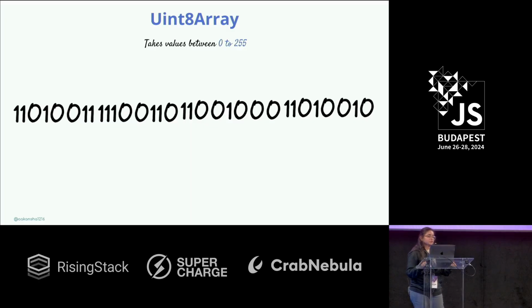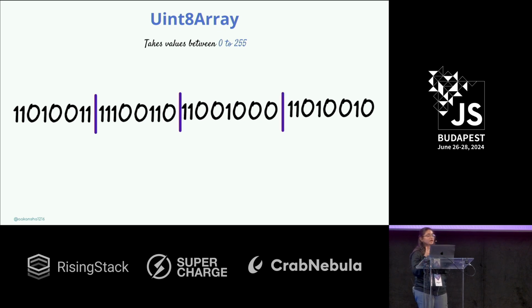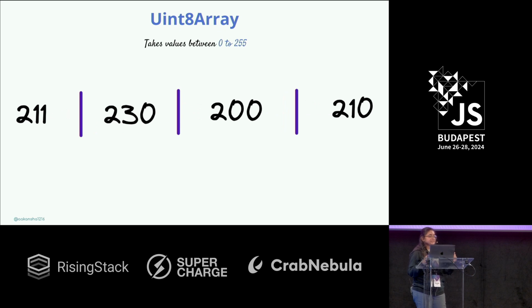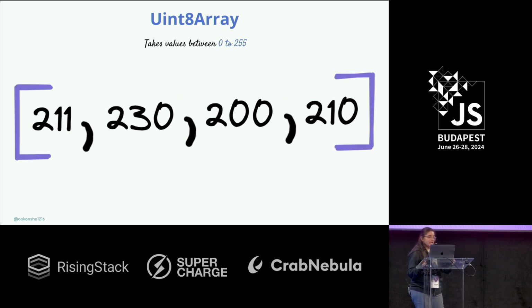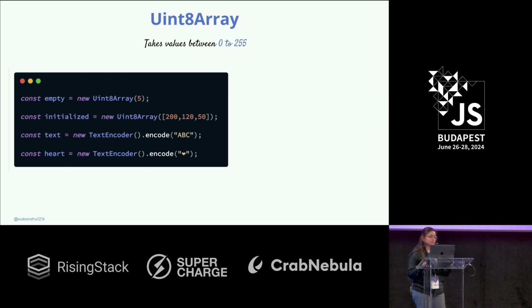So let's consider this stream of bytes. What happens internally is this stream of bytes gets divided into 8-bit segments because it's a Uint8Array. Each segment is converted to its equivalent decimal value, and this is what you see in the browser when you view the Uint8Array. So this is how you can use it.